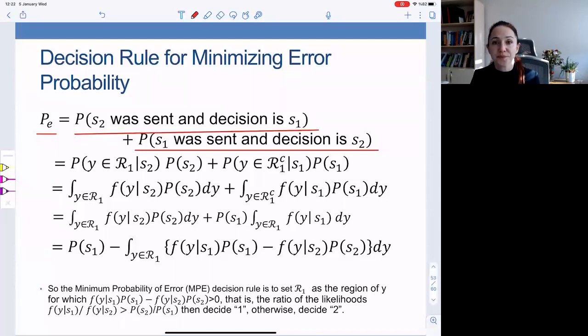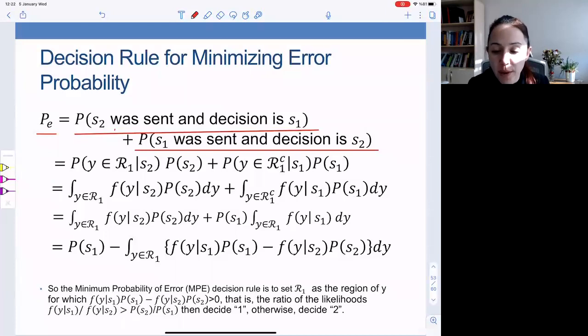Any questions here? So as I said, the two possible error events are disjoint, and we can add their probabilities to find the probability that either of these error events occurs. And these are the only two possible error events. Now let's express the probabilities of these error events. S2 was sent and the decision is S1. We can use conditional probabilities here.